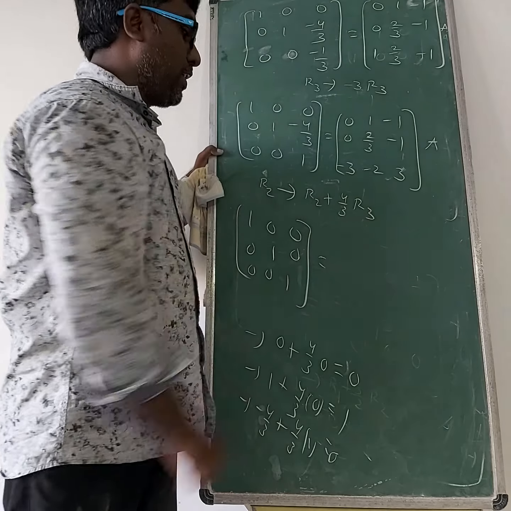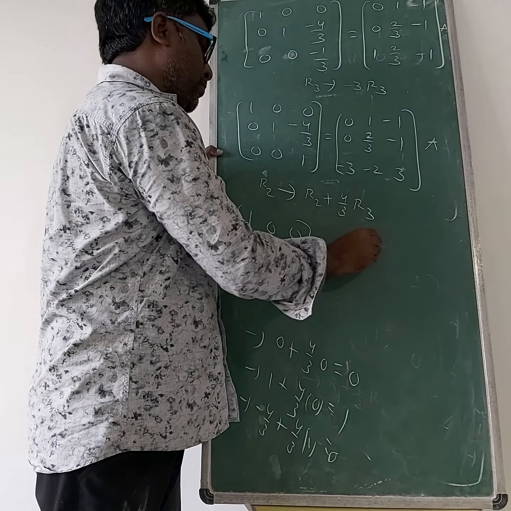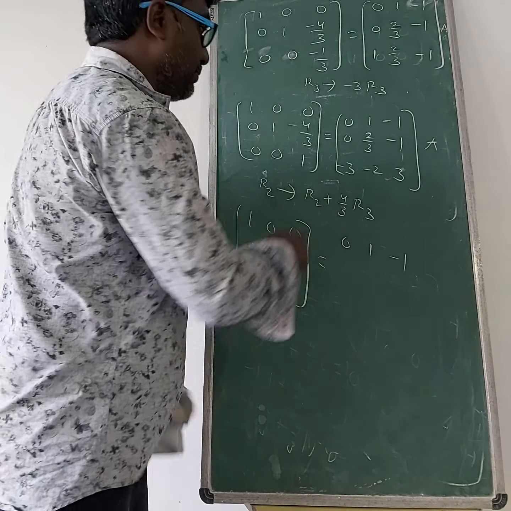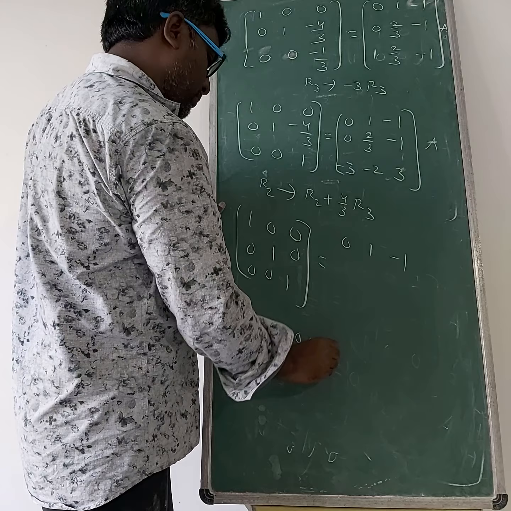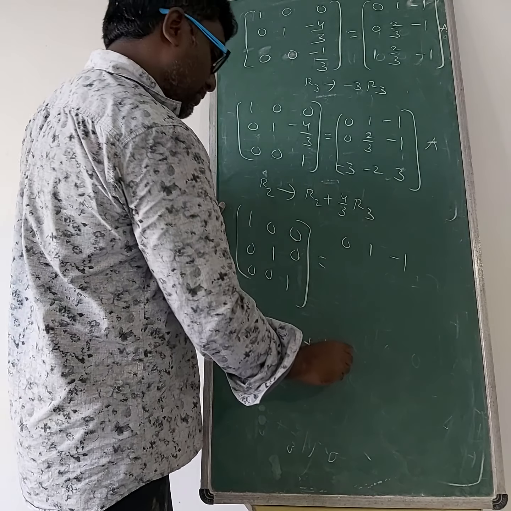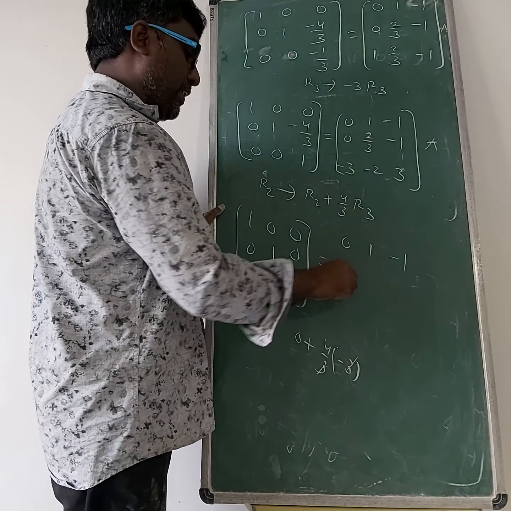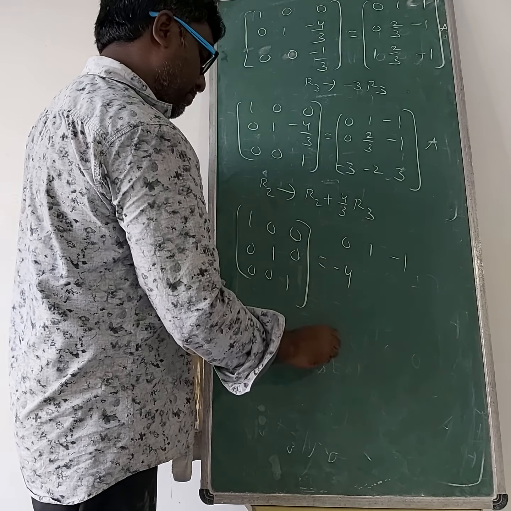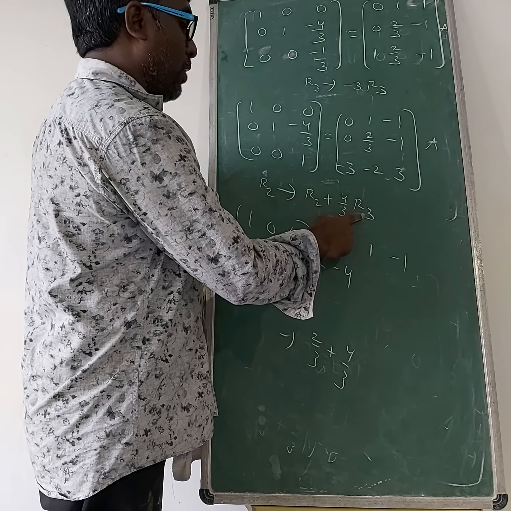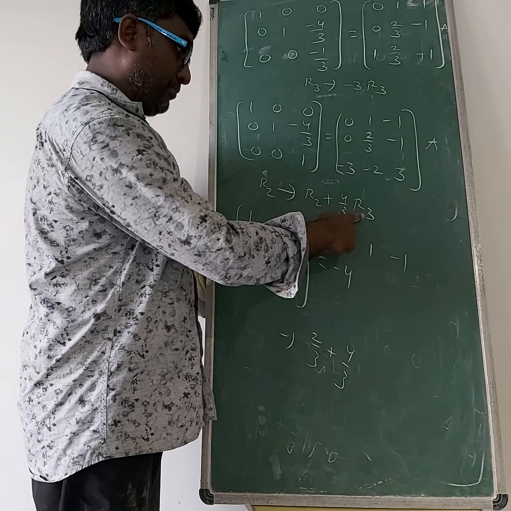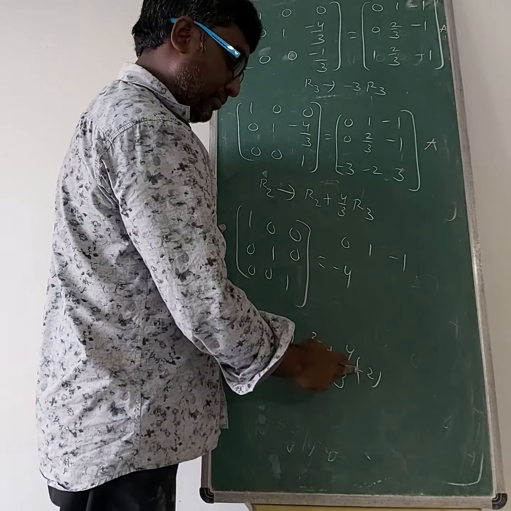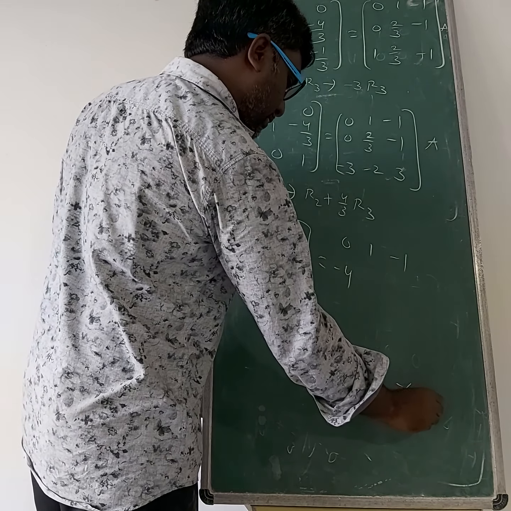So the last operation here also we will apply. 0, 1 minus 1 as it is. Here R2 we are changing. R2: 0 plus 4 by 3, R3 value is minus 3, 3 3 cancel, minus 4. And this second element: 2 by 3 plus 4 by 3 into R3, minus 2. 2 minus 8, minus 6 by 3, minus 2.